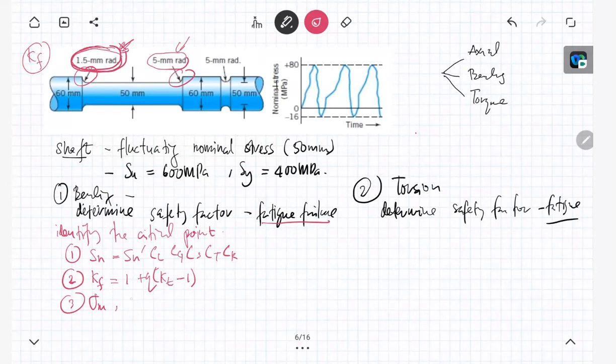Then sigma alternating: the mean stress and alternating stress, the original from this graph.